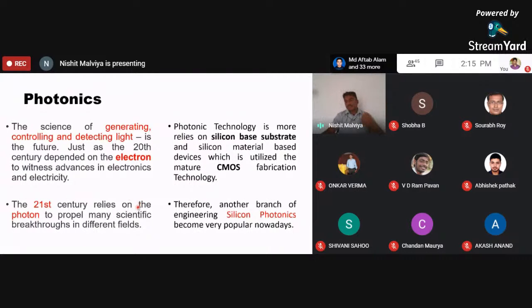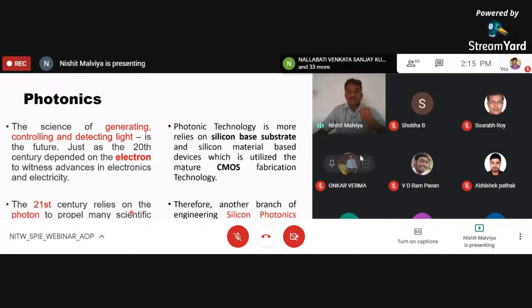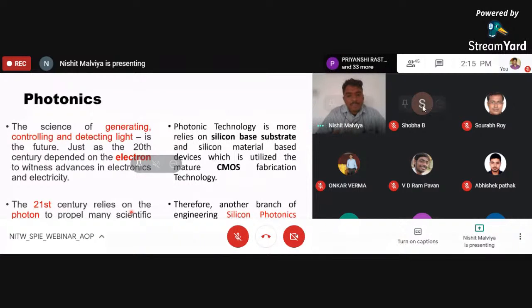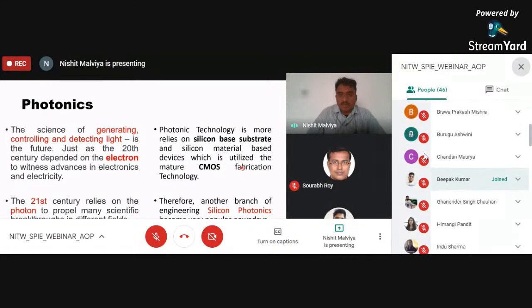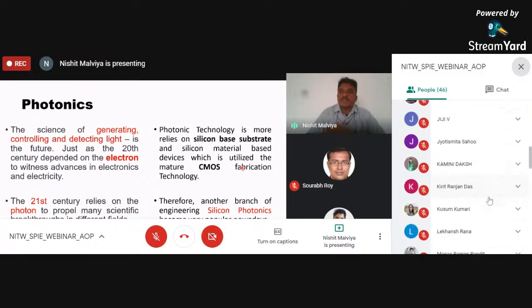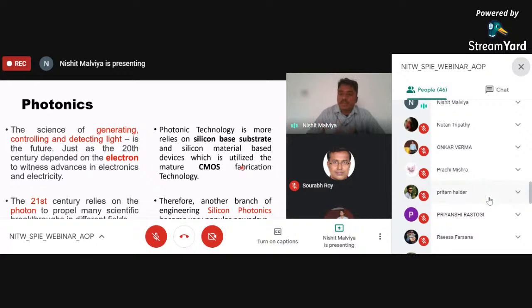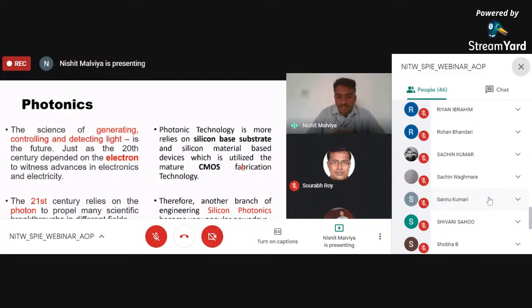But in the 21st century, the photon is the basic component for applications in our daily life. Nowadays, silicon-based CMOS fabrication technology is very popular. Previously there were very large transistors, which were then miniaturized onto a single chip, and now a single micrometer-scale chip has a lot of transistors.